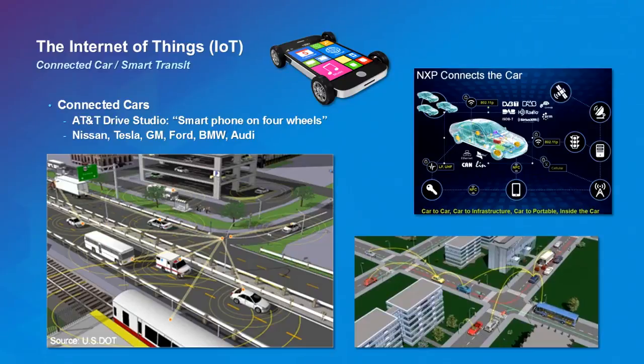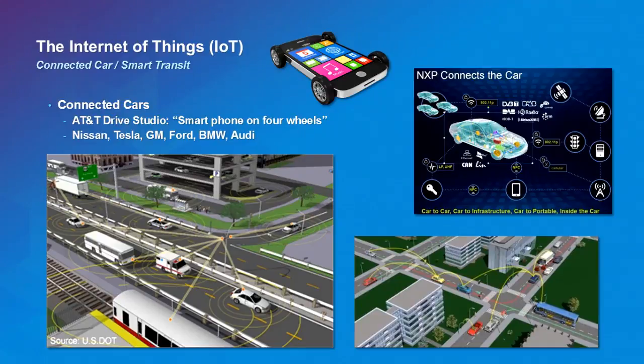So we go into another application, connected car and smart transit. We have a number of automobile manufacturers that work in this field, making cars connected, connecting cars with all the infrastructure, making the car connect to drivers and passengers.